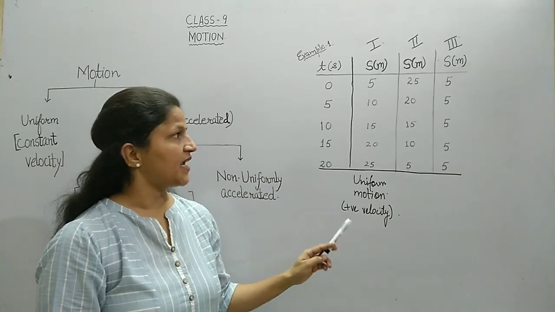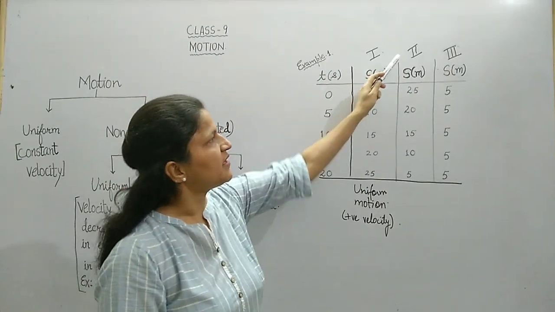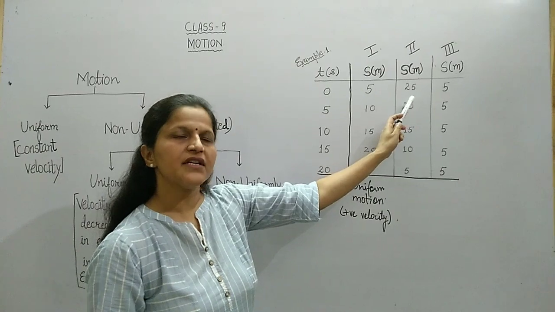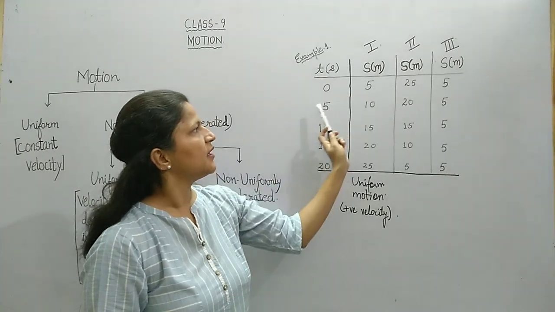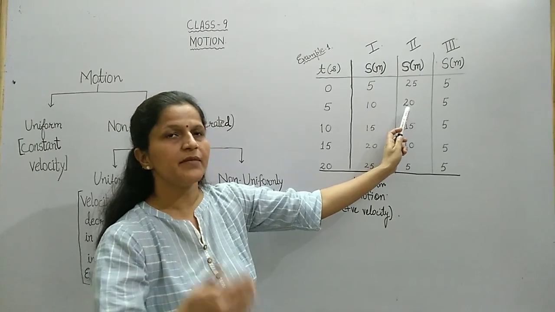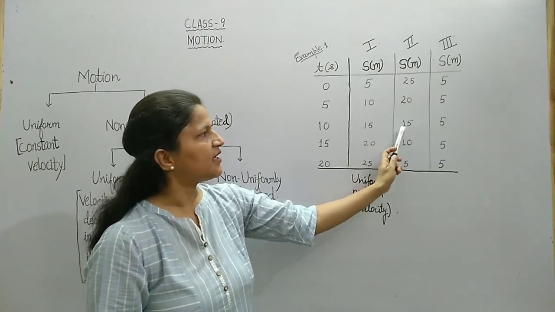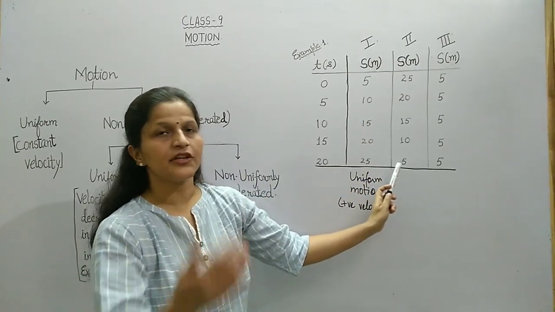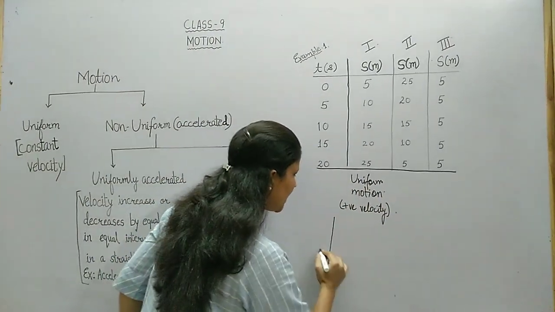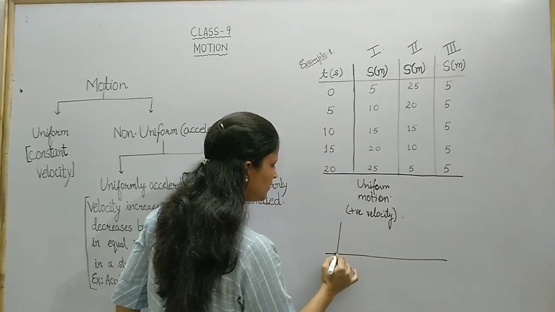Coming to the next case, the second object at t equal to 0 is 25 meters away from the origin. After 5 seconds, it comes to a point which is 20 meters away from the origin, and then continuously we can see that the object is coming closer to the origin. The condition can be shown like this. This is the origin.